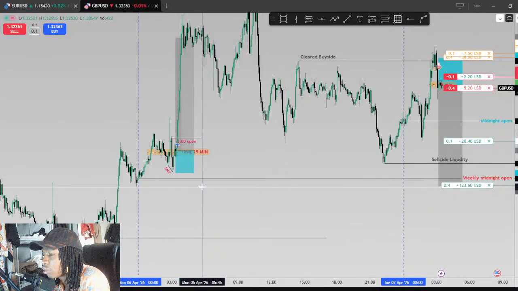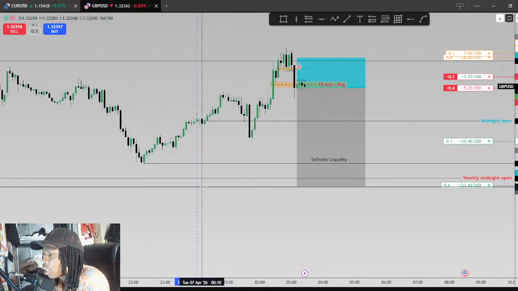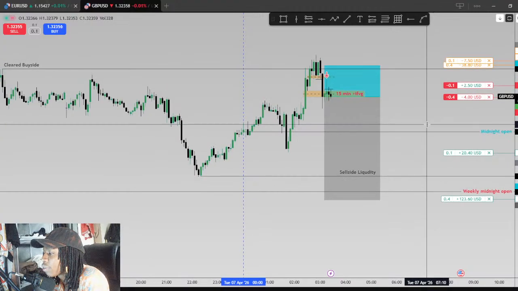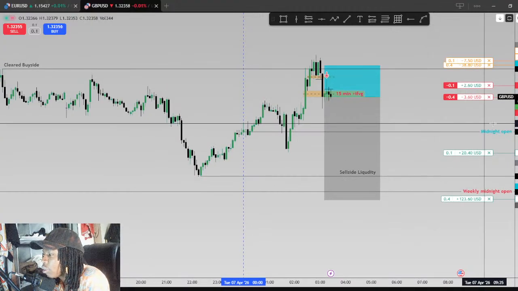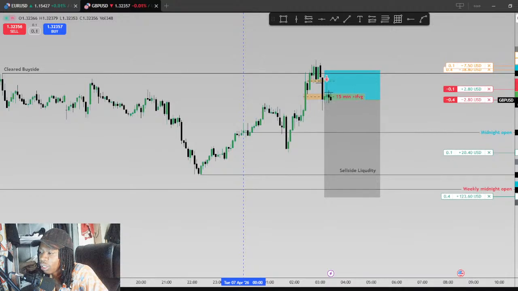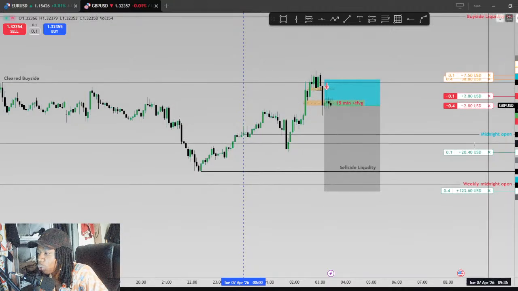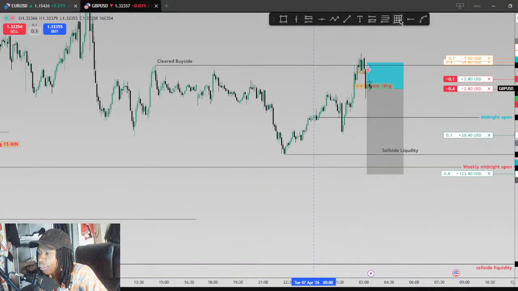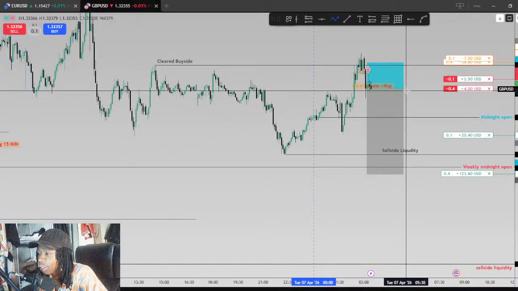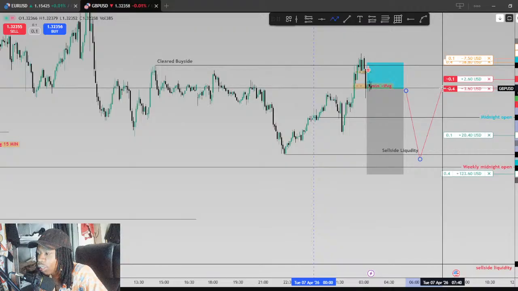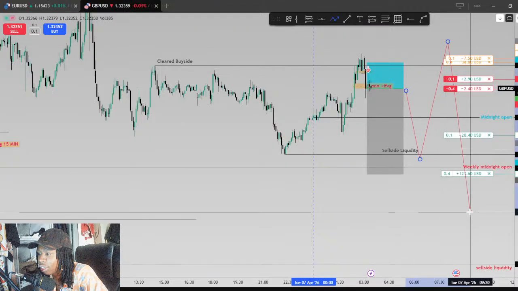I'm not trying to aim for ridiculous price runs. We are not on those. I'll just say we are not on those times where we should try to swing for the whole daily range, because we could get something like this, a drop on London, taking out the low, then have a complete trade reversal, taking out the high, then dropping again.